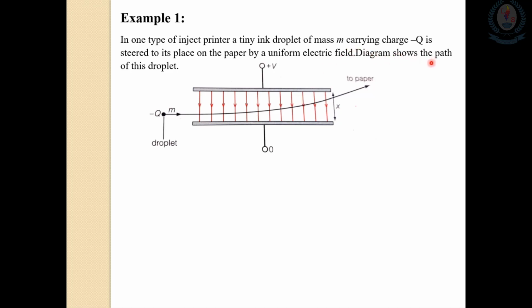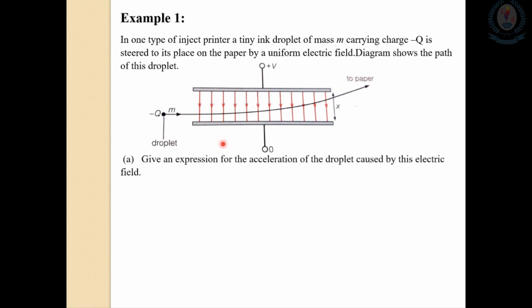The diagram shows the path of the droplet. The droplet is negatively charged and moving up. Why? This plate is positive, so the negative droplet moves towards the positive plate, accelerating along the field line.